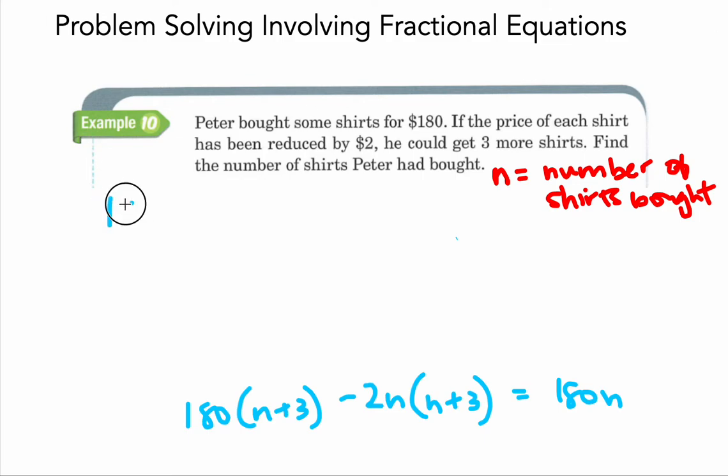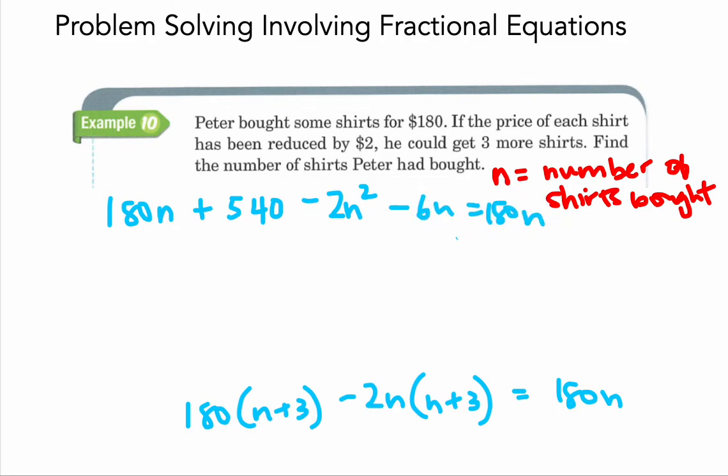So this becomes 180 times n, so 180n, plus 180 times 3 would be 540, minus 2n times n is 2n squared. Negative 2n times positive 3 is negative 6n, equals 180n.